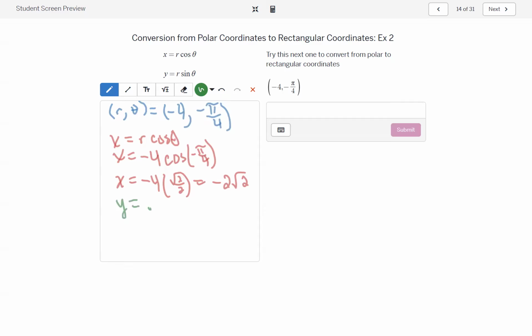Now our y coordinate, y equals r times the sine of theta. So -4 times the sine of negative pi over 4. Now the sine of negative pi over 4 is negative square root of 2 over 2.